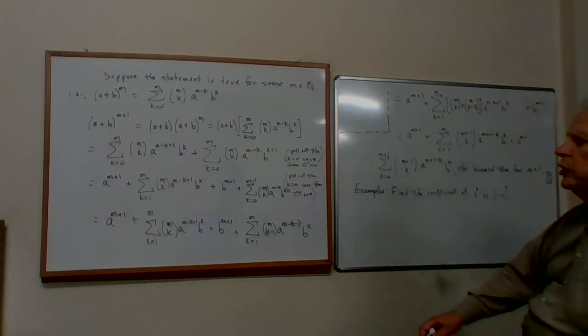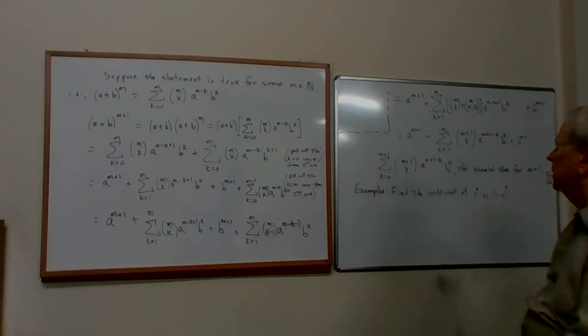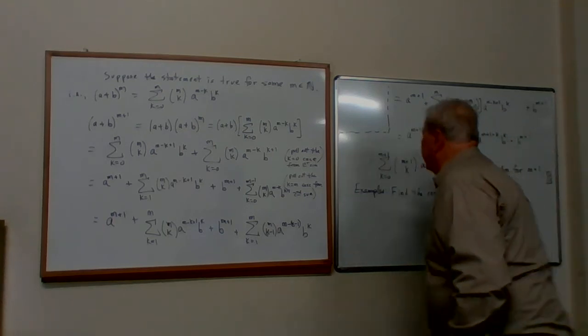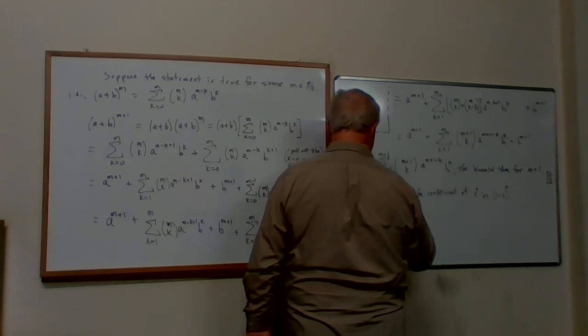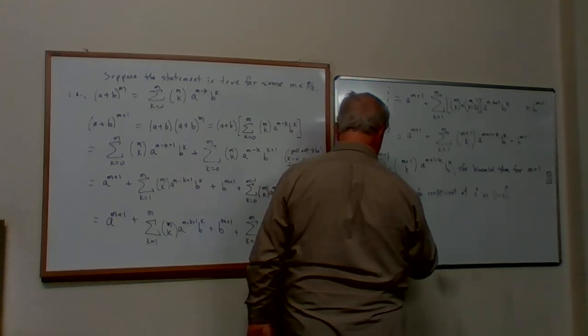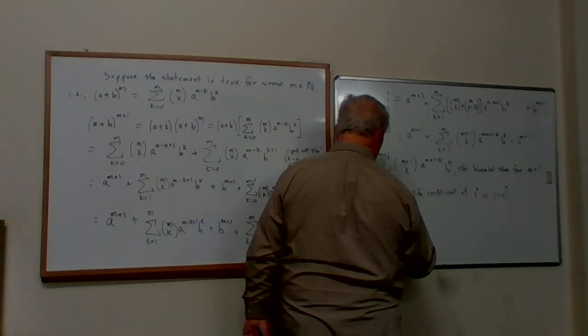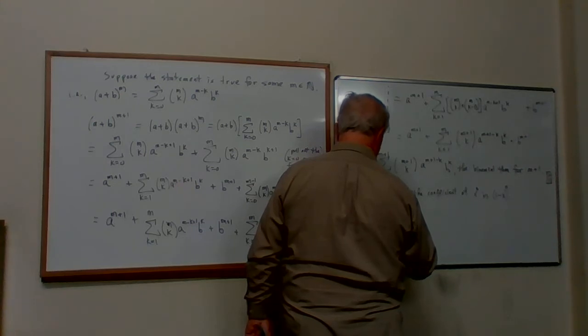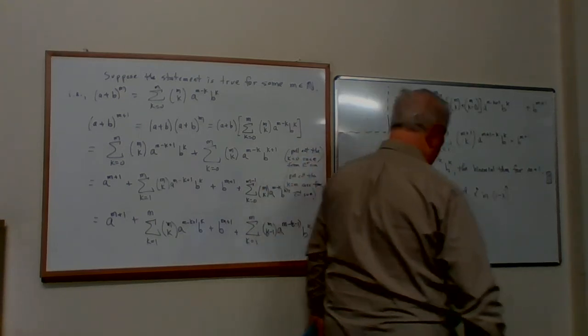So, which version of the binomial theorem are we going to use? The plus or the minus? Obviously the minus. And you remember that a minus b to the n is equal to the sum minus 1 to the k from k equals 0 to n of a to the n minus k b to the k.